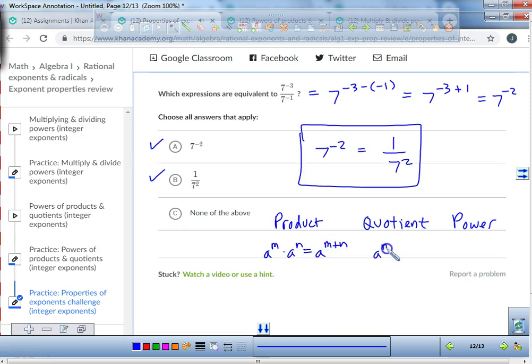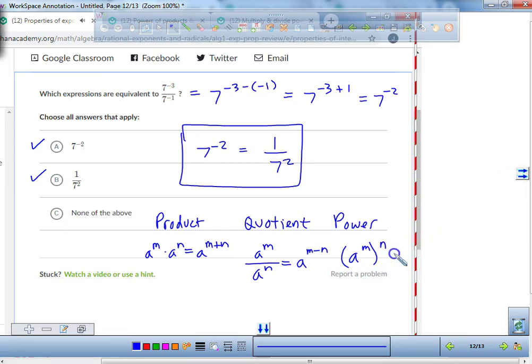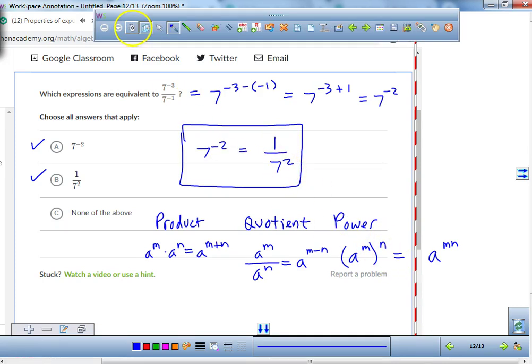The quotient property. If you are dividing, you are allowed to subtract the exponents. And last but not least, if you have a power to a power, that is the only time you are allowed to multiply the exponents. And last but not least, you need to know that negative exponents, if you want to make them positive, you simply place them underneath the 1. So the answer to this is going to be A and B.